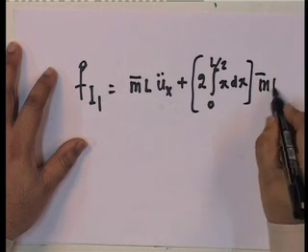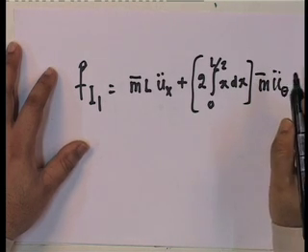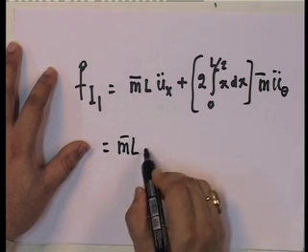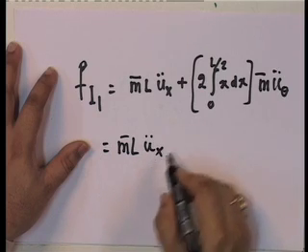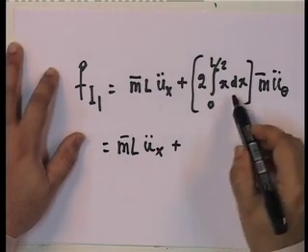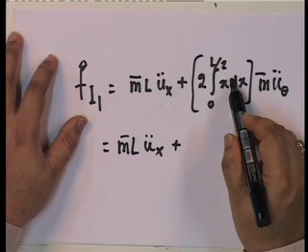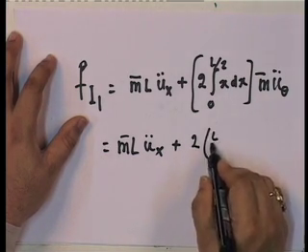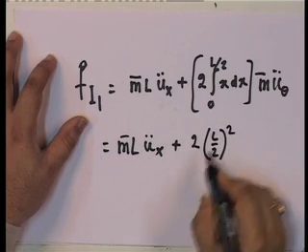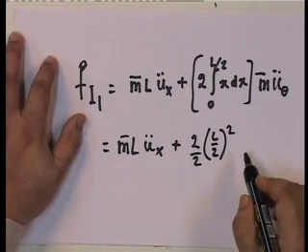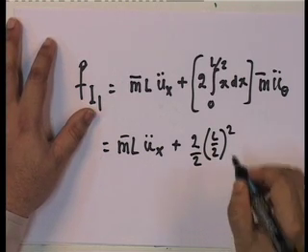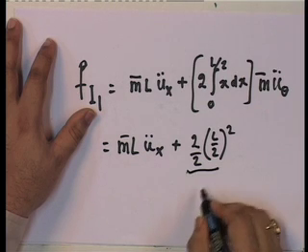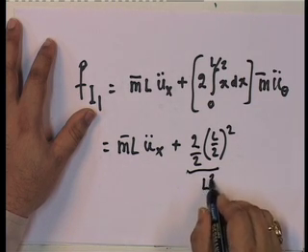This becomes 2 into (L by 2) squared divided by 2, which is L squared by 4.